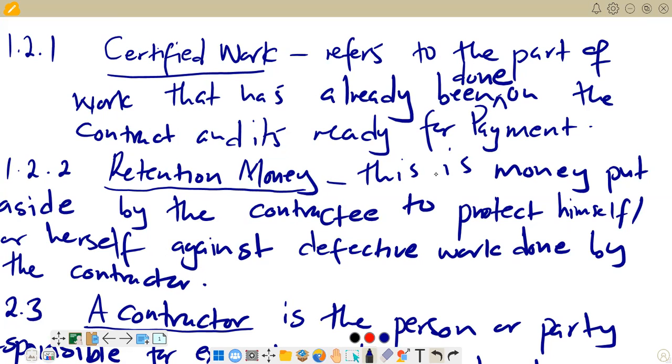So basically, that's the explanation that we have on certified work.